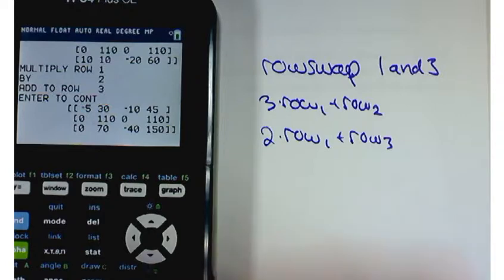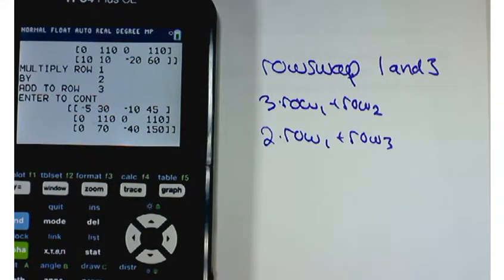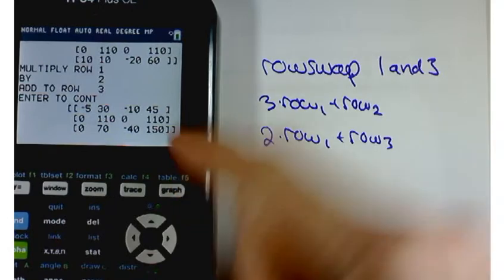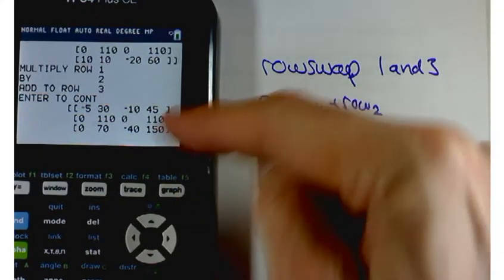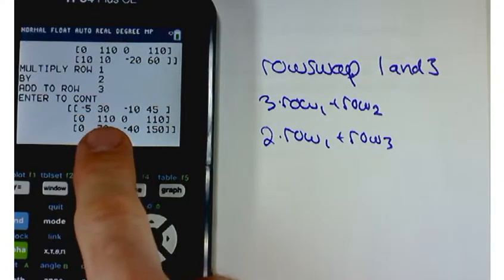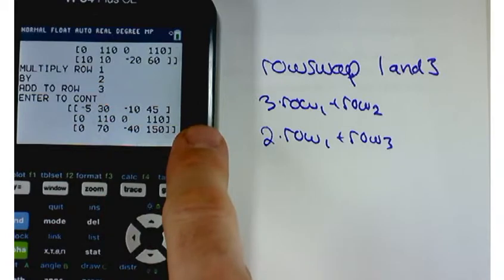Now I want to get rid of the 70 here. Now my original solution when I was thinking about this problem at home was to multiply this by 11 and then multiply this by -7, but there's a better solution. Let's take a look at this second row here. What if I divided everything by 110? That'd be pretty nice, right?